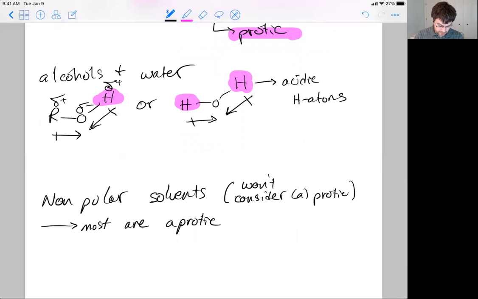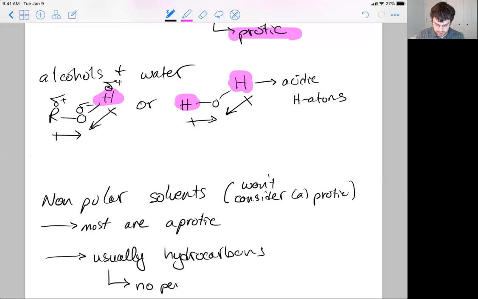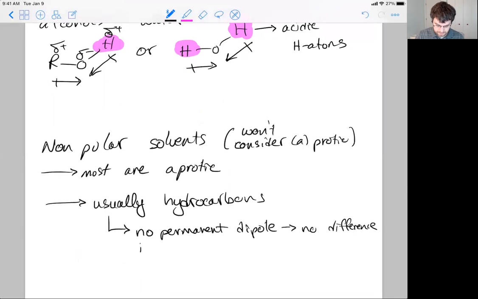Anyway, most are aprotic, and these are usually, for our purposes, hydrocarbons. And the reason why is if we're not polar, we have no permanent dipole, which means no difference in electronegativity.